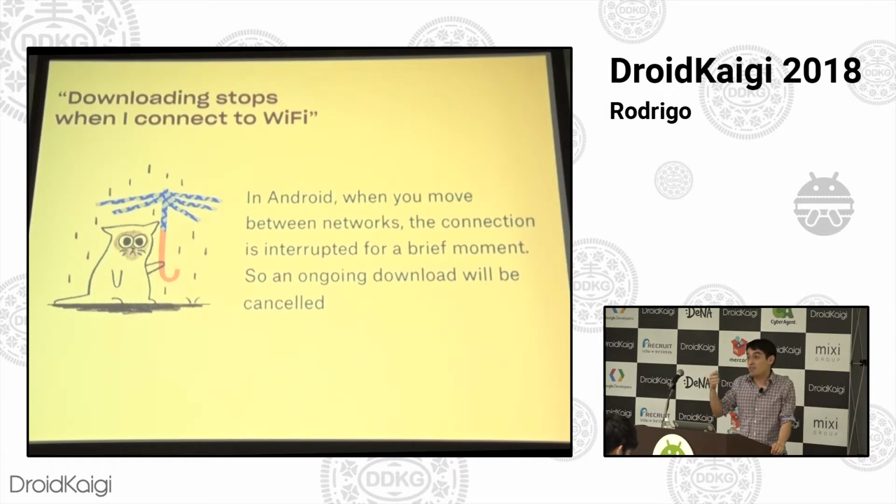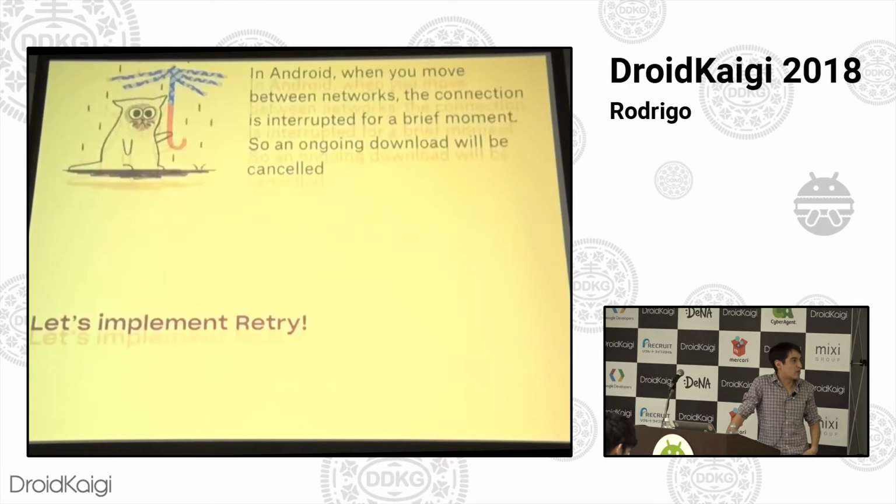So if you're downloading a file or performing an operation over network, it's going to fail. So an ongoing download will be canceled. And now this is way more common because you're downloading 10,000 files, so the likelihood of you running into this is way more likely.